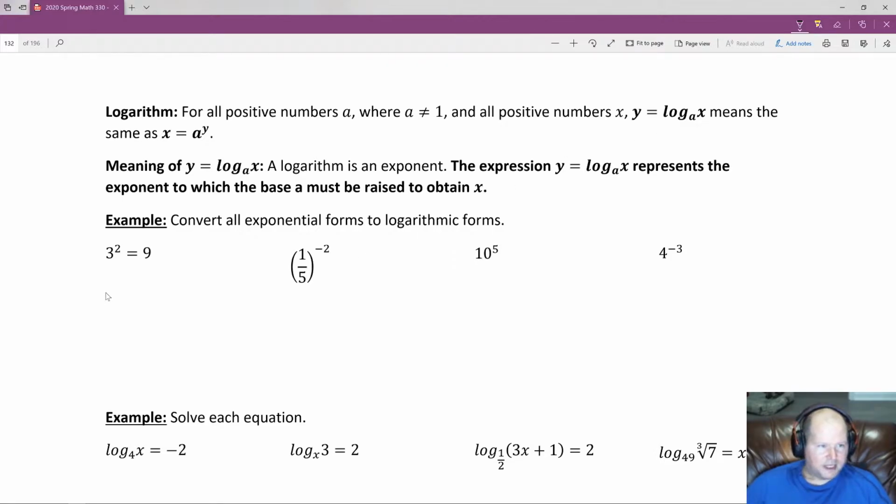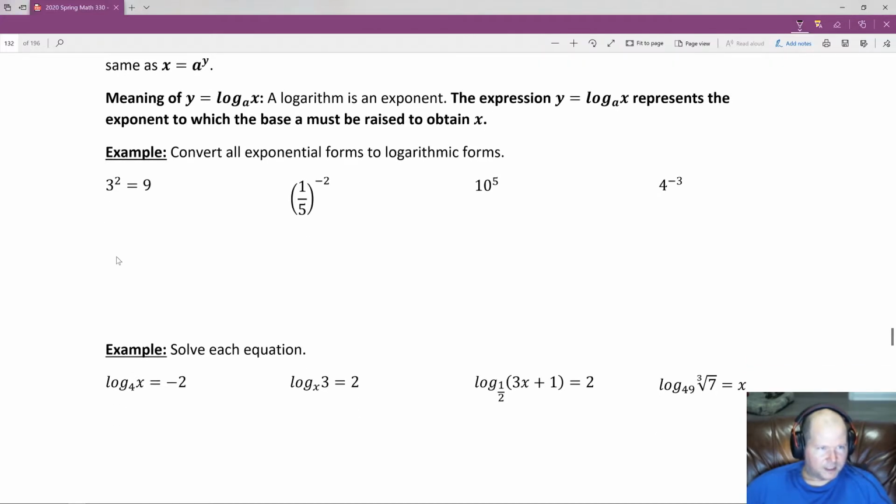Now all we're doing to begin with is simply converting everything over to logarithmic form. So let's scroll down just a little bit. Again, we're going to say log, and what's the base? That's the base right there. In this case, it looks like the 3 is the base. So we're going to say base 3.